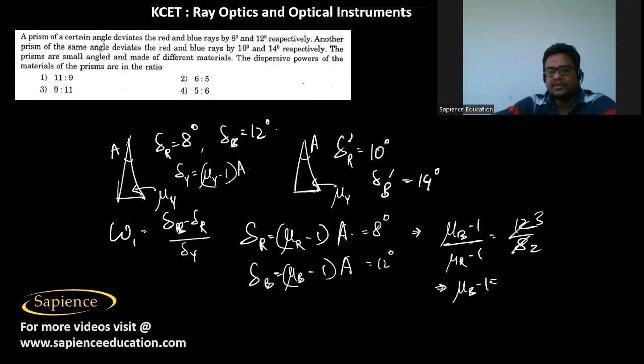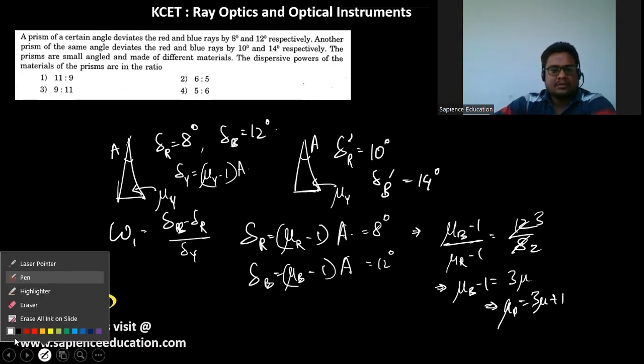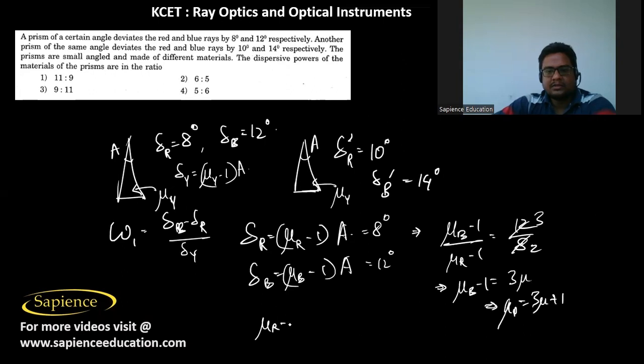So mu b will be equal to 3 mu plus 1. Similarly, mu r minus 1 is equal to 2 mu, so mu r is equal to 2 mu plus 1.